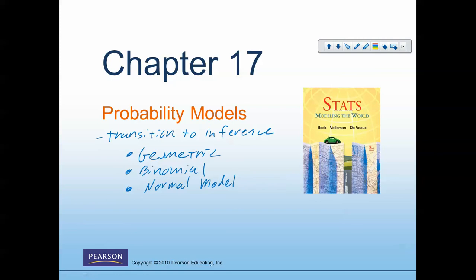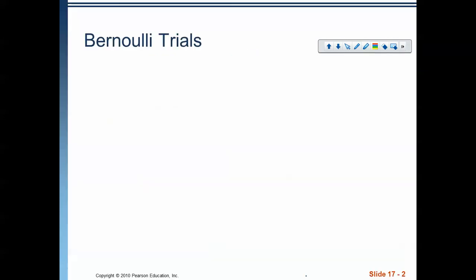We're going to see how these two relate to the normal model, and then how the normal model ultimately relates to the idea of inference. So it's a big chapter, very transitional towards understanding what we're going to be doing for the last third of the class.